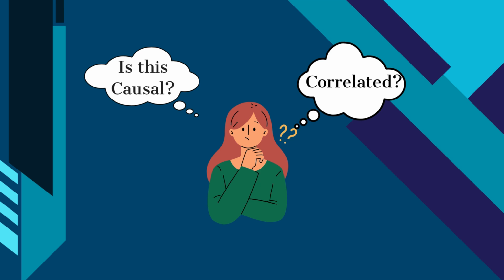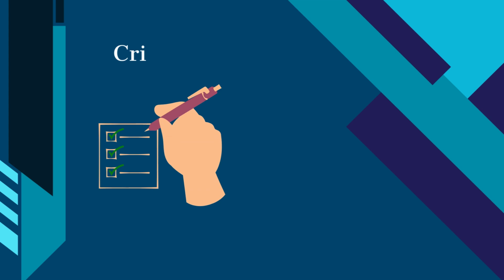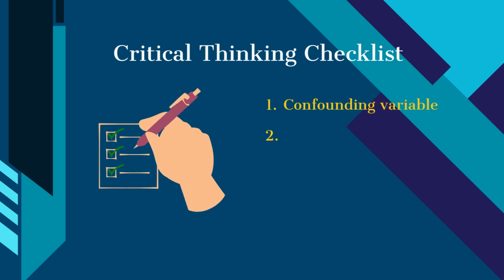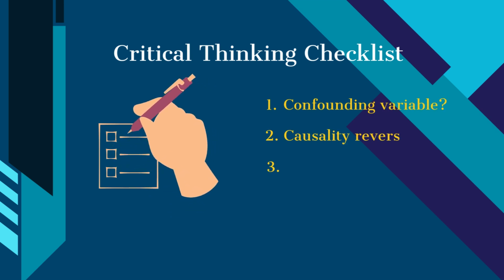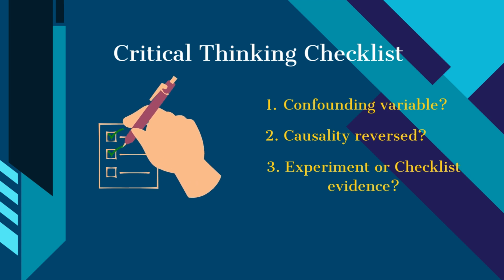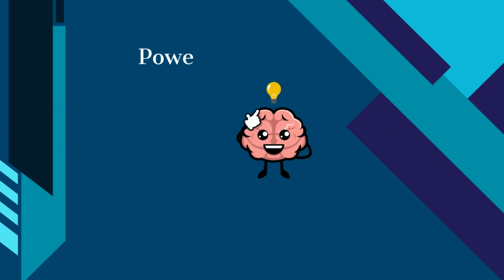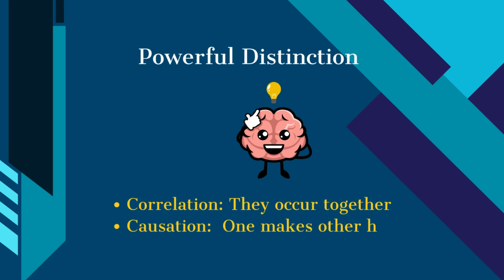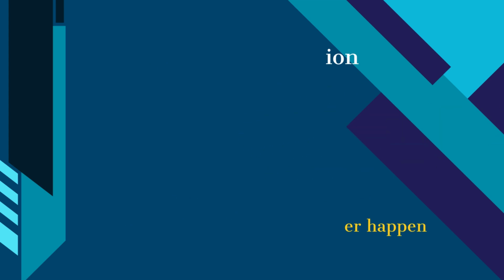Next time you hear someone say X and Y are related, so X must cause Y, pause and ask yourself, could there be a confounding variable? Could causality be reversed? Is there evidence from a controlled experiment or a causal checklist? Remember the difference between they occur together and one makes the other happen. It is a subtle but profound distinction that empowers you to see the world more clearly.